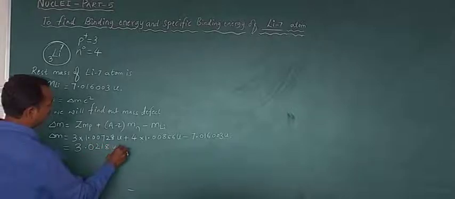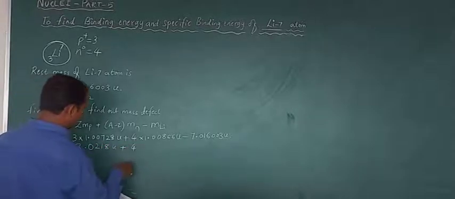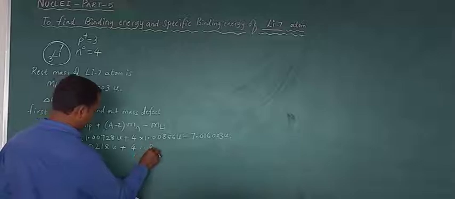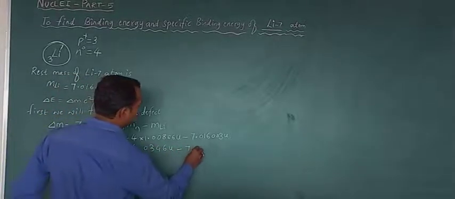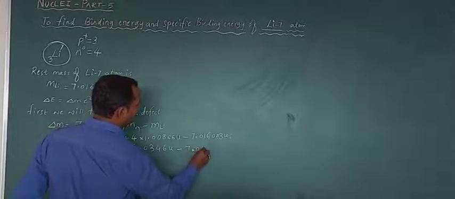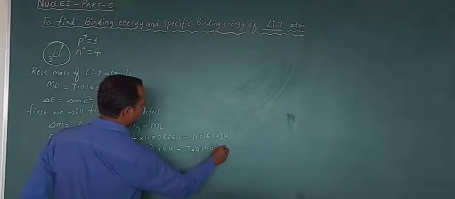Now multiplying and adding, that is 3.0218 units plus 4.0346 units, minus 7.016003 units.